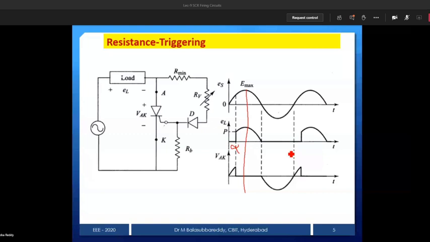Then what modification do I make in the circuit? You simply vary RV. You just increase RV. Initially maybe it is 10 ohms, let's assume that, and I get alpha of 30 degrees. Later you increase RV from 10 to 20 ohms. Then what will happen if I increase RV to 20 ohms?